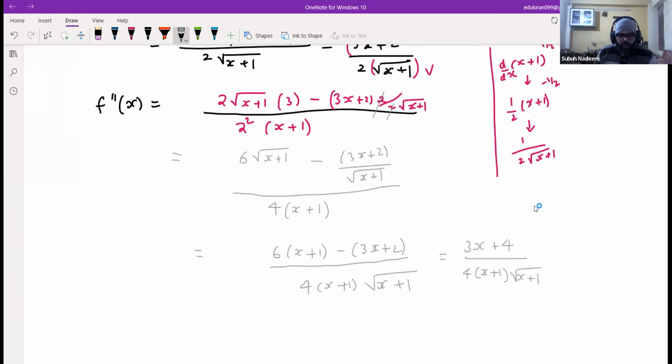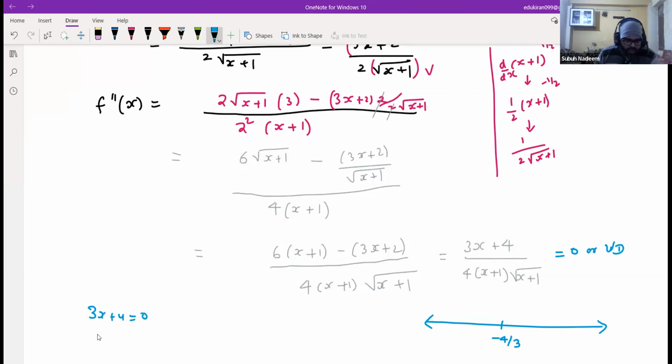Now you have to see the concavity, upward or downward. So you have to see what are the critical points where it is becoming 0 or undefined. If you equate it to 0 or undefined, so you have 0 at minus 4 by 3, when 3x plus 4 will be equal to 0, that is x is equal to minus 4 by 3.